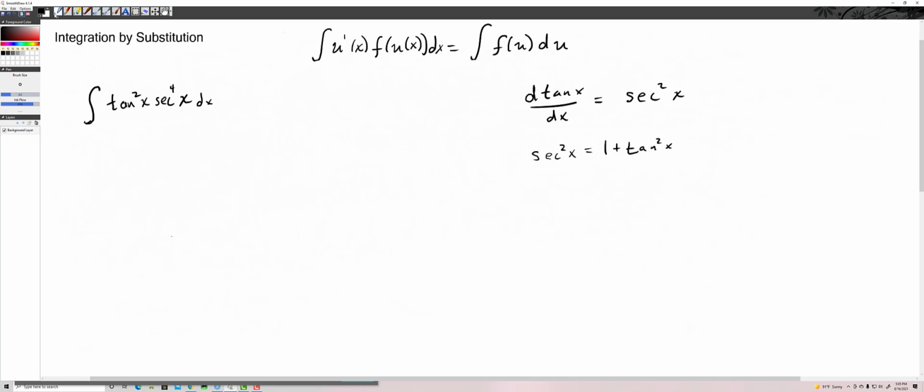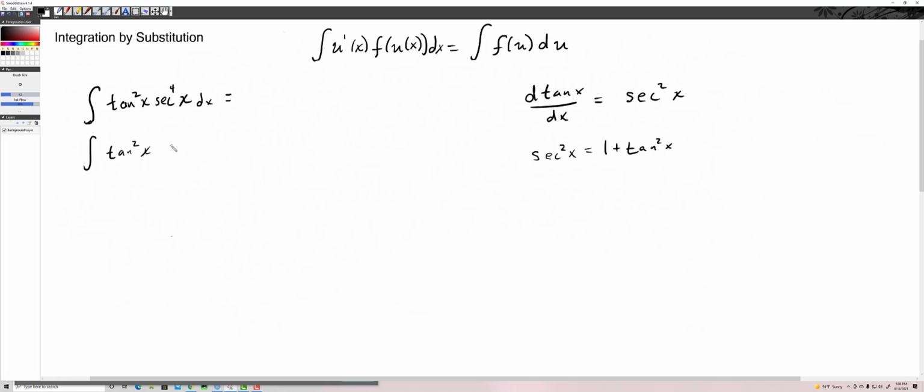Okay, so let's puzzle over this thing here. How do we do this? Well, we just said that secant squared x is 1 plus tan squared x, and we know that the derivative of tan x is secant squared x. So here's what we're going to do.